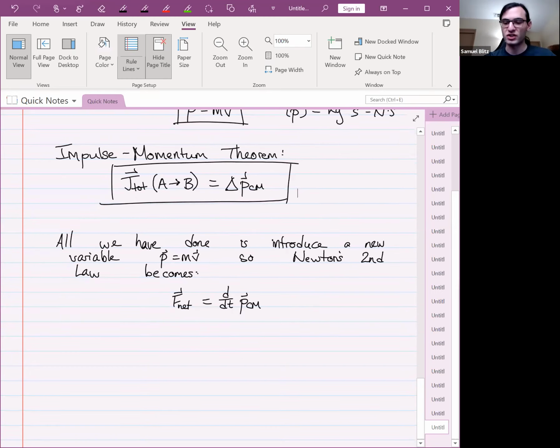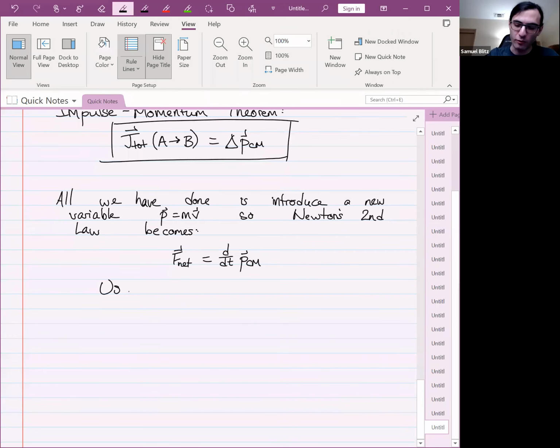So just a quick useful fact that will be helpful later. Kinetic energy is 1/2 mv squared. But we could do some algebra to that and write this instead as m times v squared over 2m, which we could replace the mv with p squared.